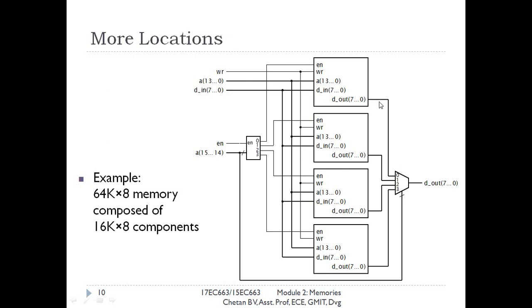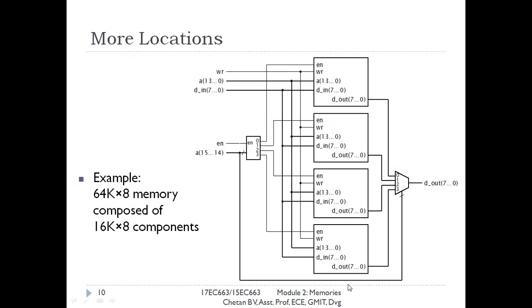The outputs from these memories, that is D out of 7 to 0 of the first component, is applied to the first input of this 4 to 1 multiplexer. The output from the second component is applied to the second input of the multiplexer, the output from the third component to the third input, and the output from the fourth component to the fourth input.